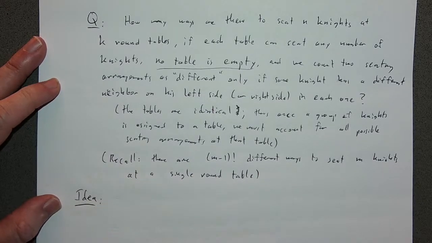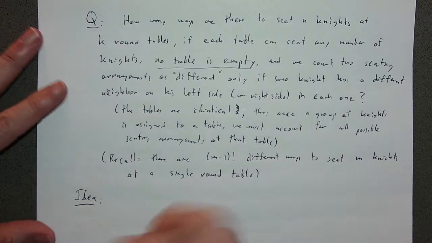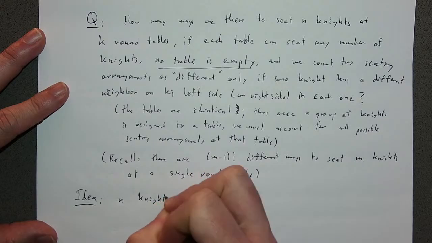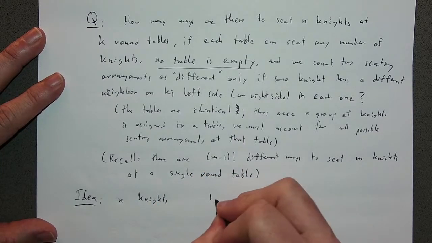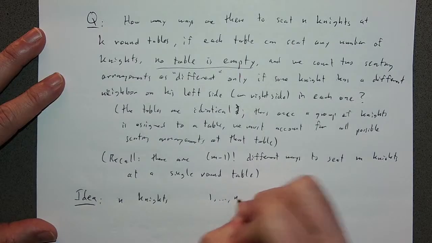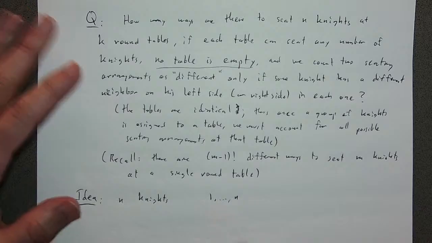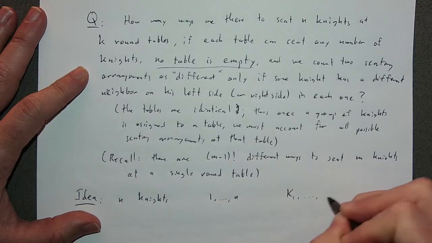Let's come up with some notation that might help us figure out what's going on. So we have n knights. We can label those knights with the integers 1 to n. We might label them k sub 1 through k sub n.